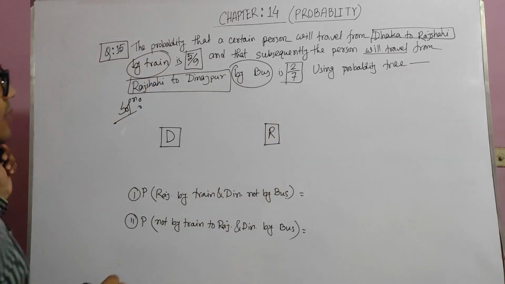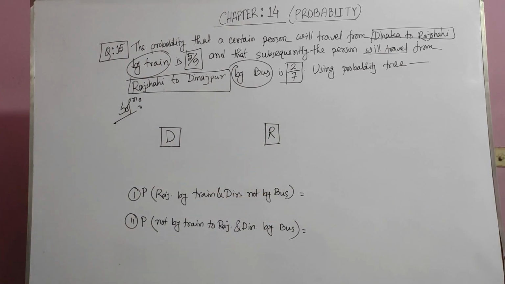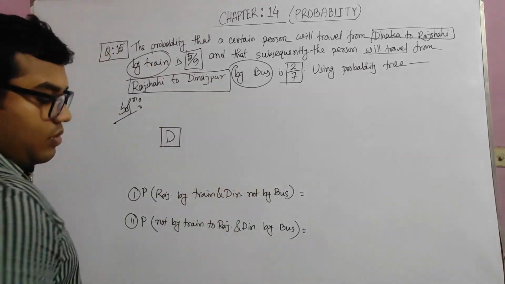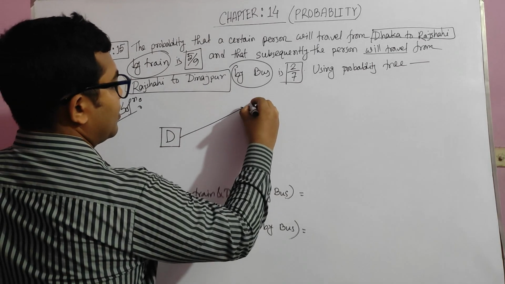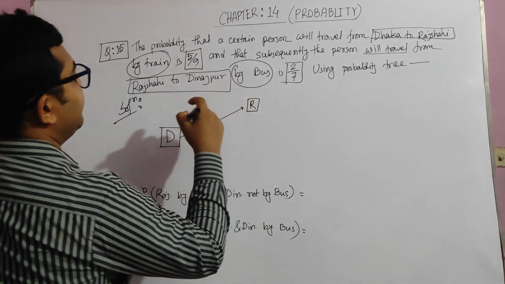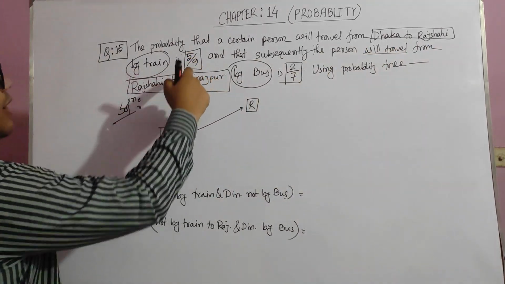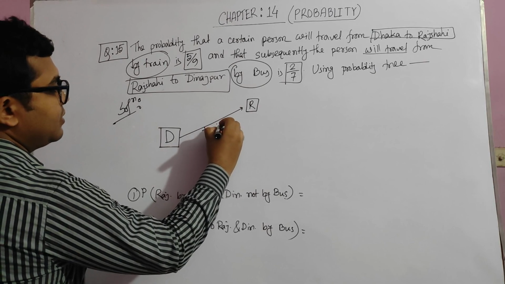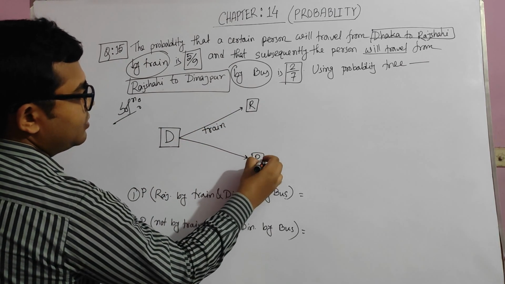So this Dhaka to Rajshahi trip can go in two ways. How? One way is by train. Dhaka to Rajshahi by train is 5 by 9, so it is here by train, and it can be not by train also.